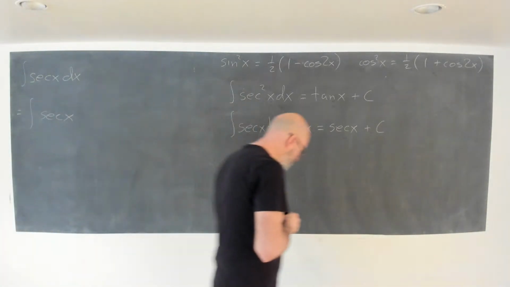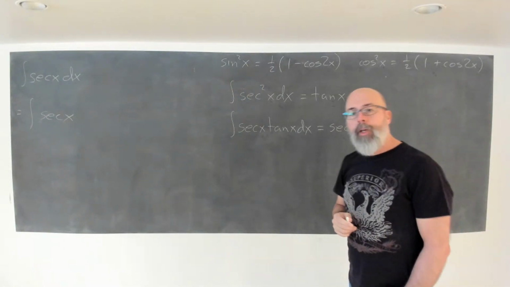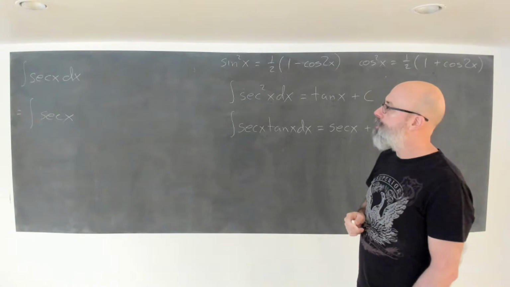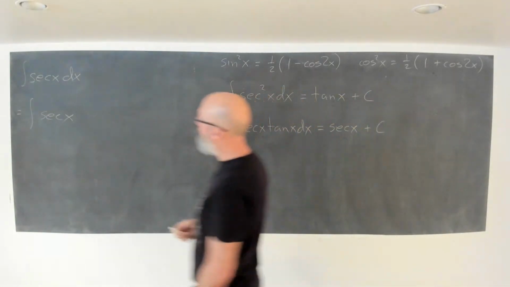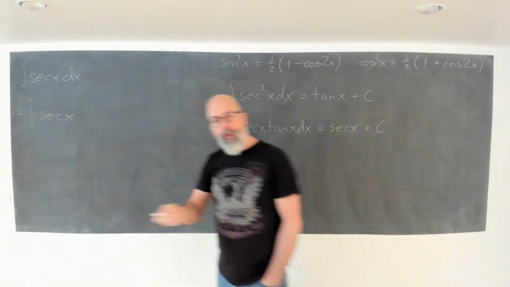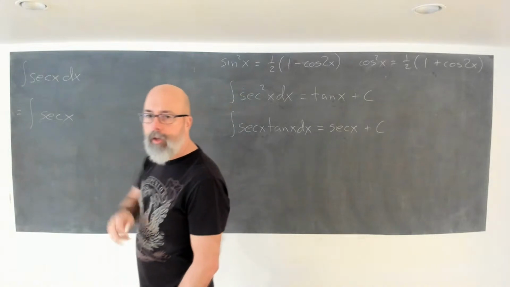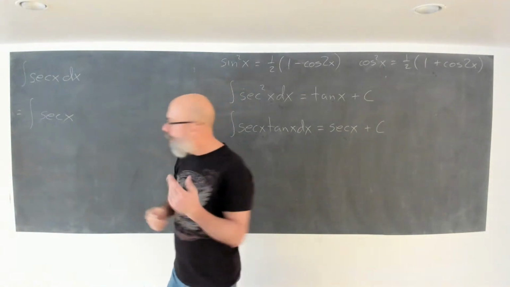The typical way to evaluate this is to multiply by 1. You can try writing it as 1 over cos x, but it's not going to help you very much. We're going to multiply by 1. When you multiply by 1, you don't change anything. I'll let you try that, and then maybe do an integration by parts.